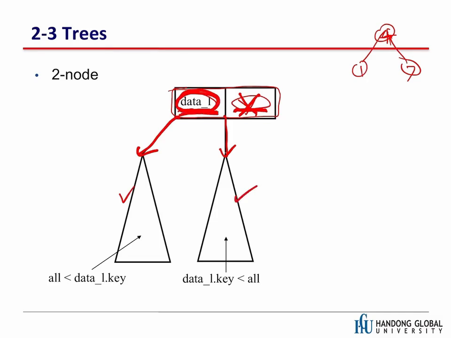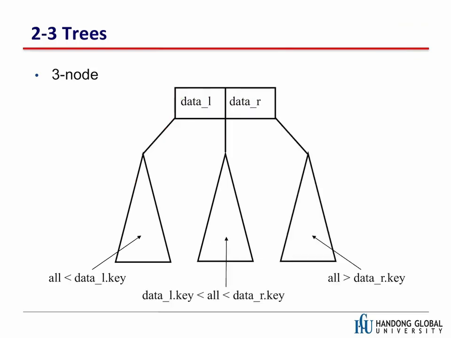This is exactly the same as a binary search tree node. On the left side, all the keys are smaller, and on the right side, all the keys are larger than the node. So that's simpler. In this case, we are kind of wasting memory space, since we don't use that part. It's empty.